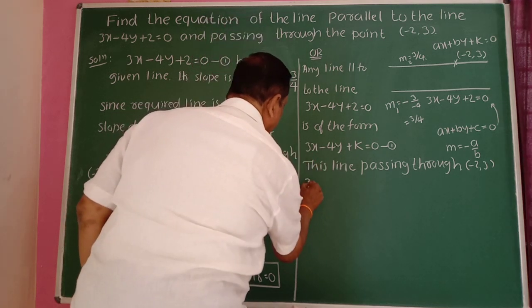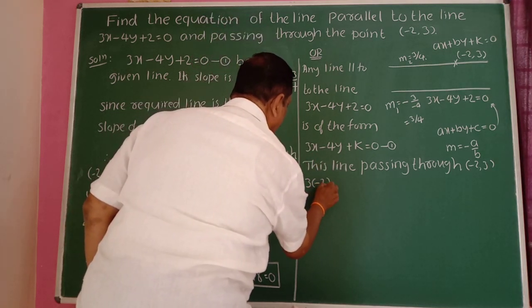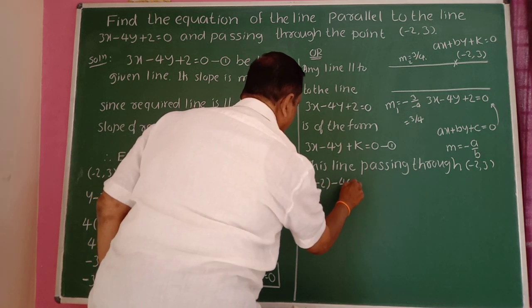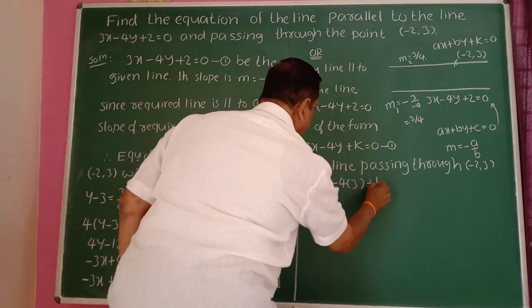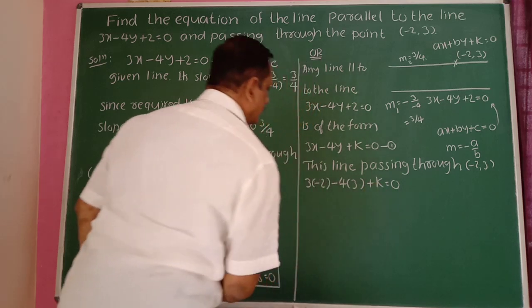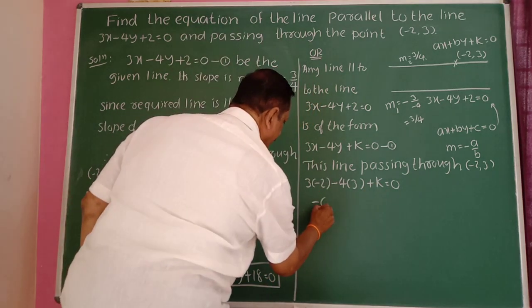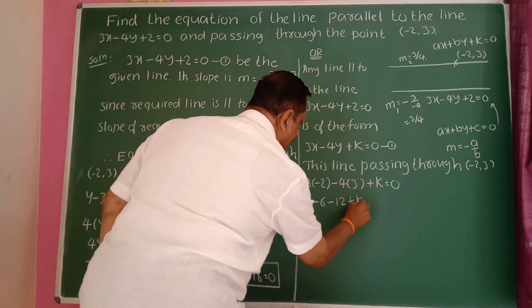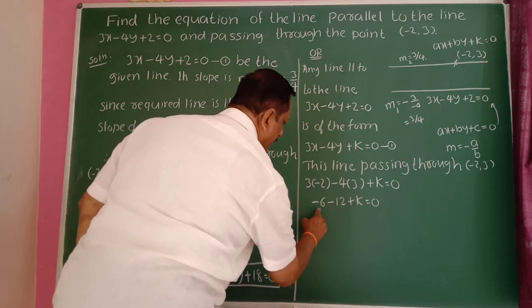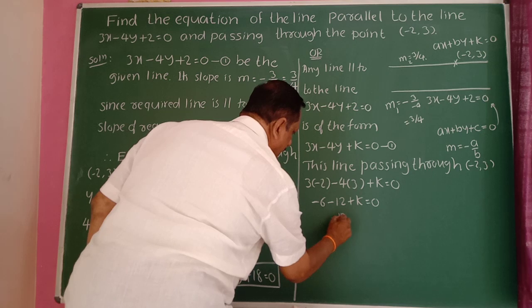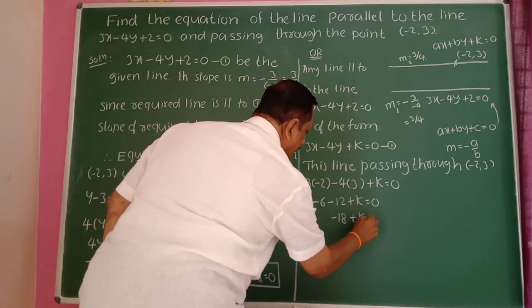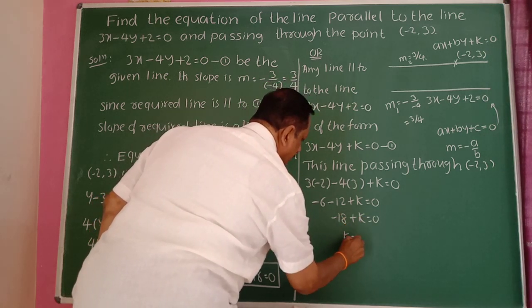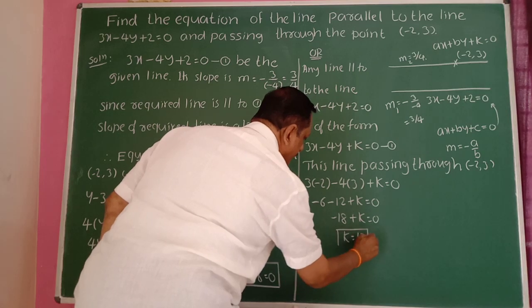So 3 into minus 2 minus 4 into 3 plus k is equal to 0. 3 twos are 6, so minus 6, 4 threes are 12, plus k is equal to 0. Minus 6 minus 12 is minus 18 plus k is equal to 0. Hence k is equal to 18.